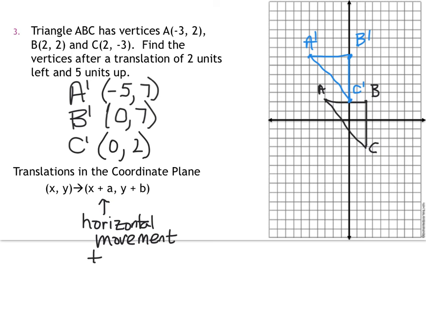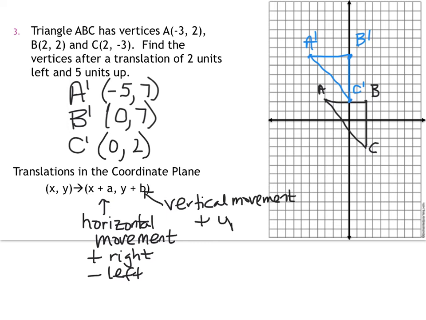If I'm adding, it moves to the right. If I'm subtracting, it moves to the left. And then for my y value, that is going to be a vertical movement. If I'm adding, it moves it up. If I'm subtracting, it moves it down.